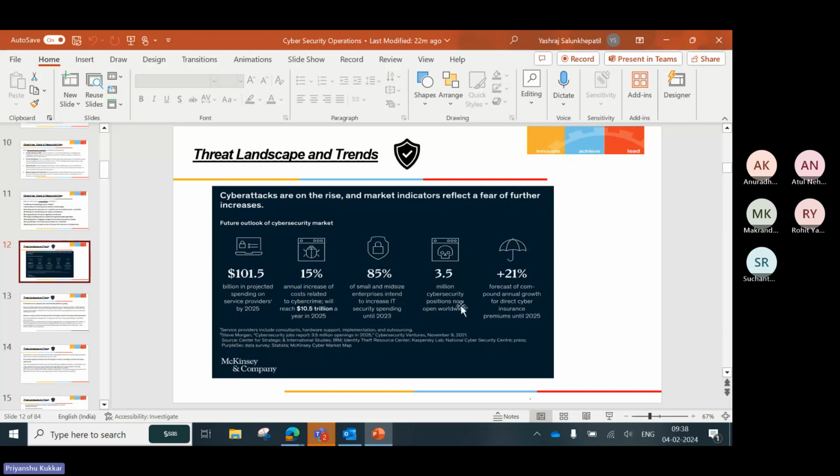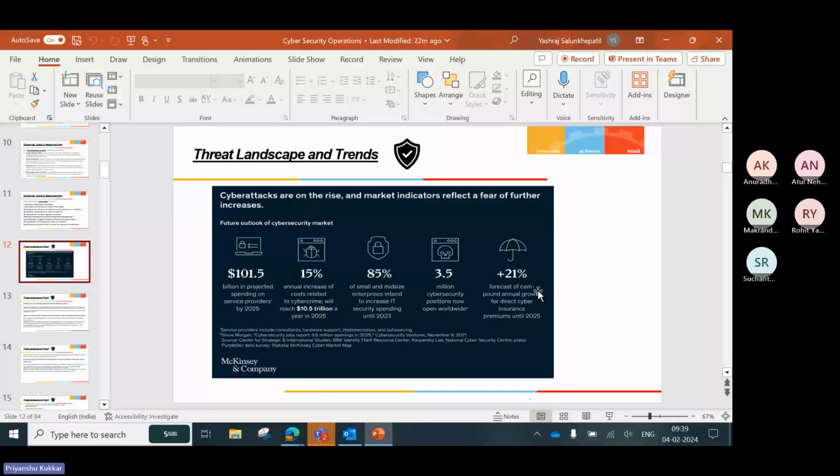Okay. 3.5 million cybersecurity positions are open worldwide, like I said. So there is a hiring freeze for almost all the other departments, and if not a freeze, there is very little hiring done. Many major players are already firing employees, but cloud operations is the only domain where hiring is on the rise.